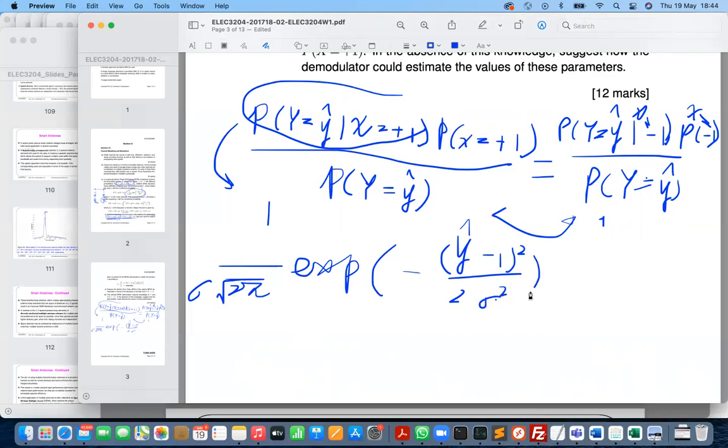So this is the first probability. Let's multiply P of X equals +1.